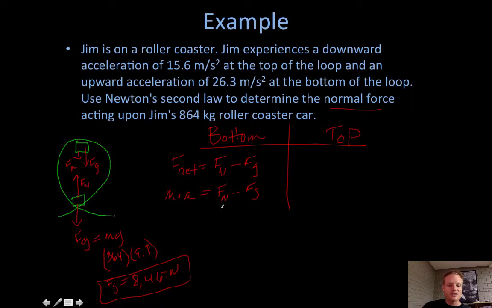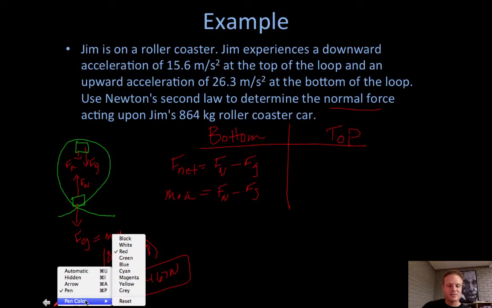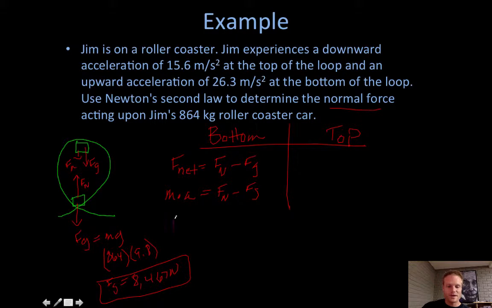Well, can I get the normal force all by itself if I just manipulate this equation a little bit? I can. Let me just change pen colors one more time to make this a little bit more clear. The normal force equals, I'm going to add the force of gravity to both sides, F sub g plus m times a. Well, I'm going to plug in the force of gravity here. The car has a mass of 864 kilograms, and they give us even the acceleration.